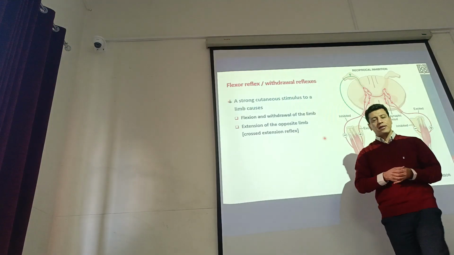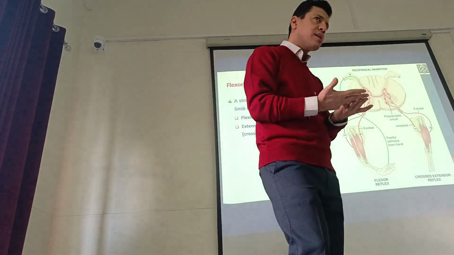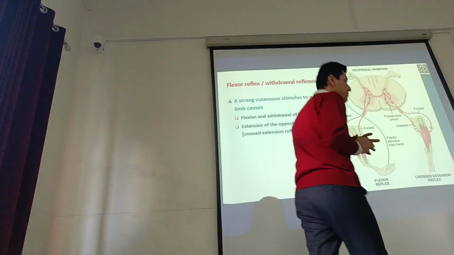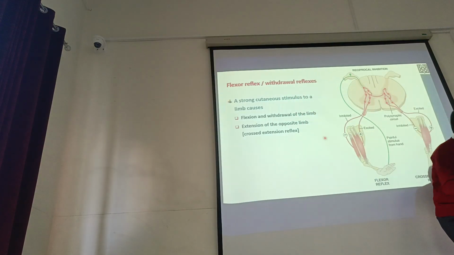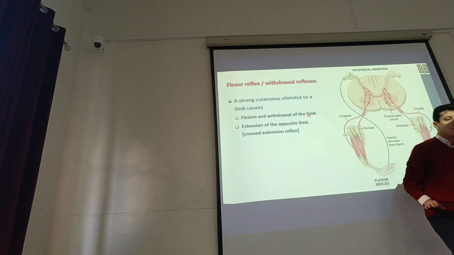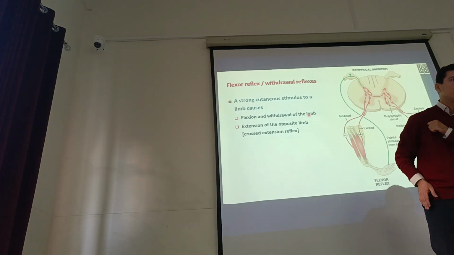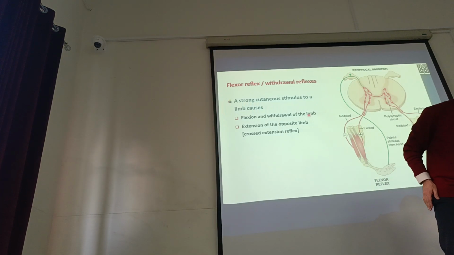So the next reflex is flexor reflex or withdrawal reflex, right? So let's see. A strong cutaneous stimulus to the limb causes flexion and withdrawal of the limb, right? So if we touch something very hot, suddenly we remove our hands, right? So what happens here? Because of this pain stimulation, a flexion happens in the arm.